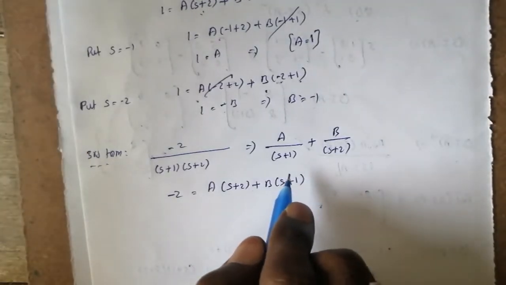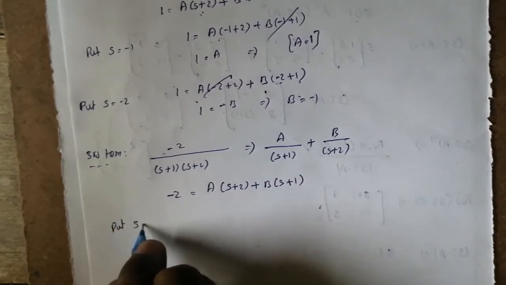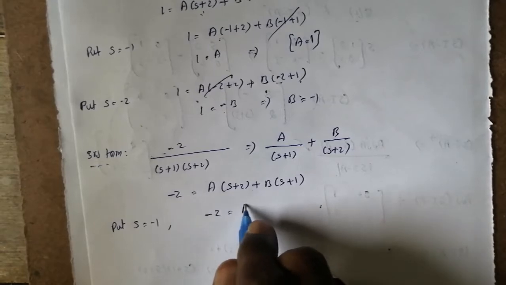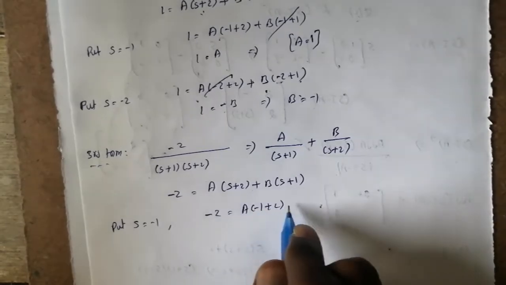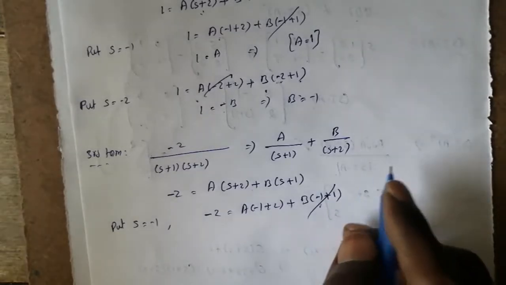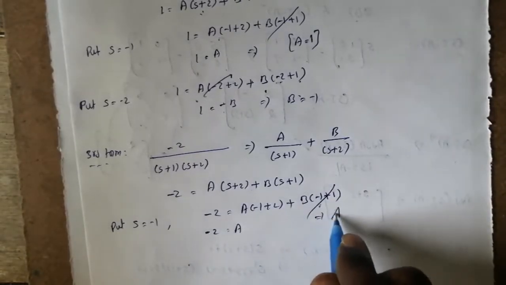Now here also we have to find the A and B values. Put s equals minus 1. So you will get minus 2 equals A(minus 1 plus 2) plus B(minus 1 plus 1), and the B term becomes 0. Minus 2 equals A, so A equals minus 2.